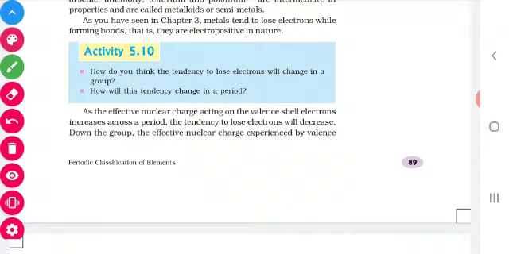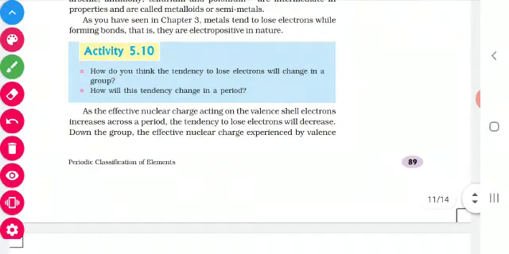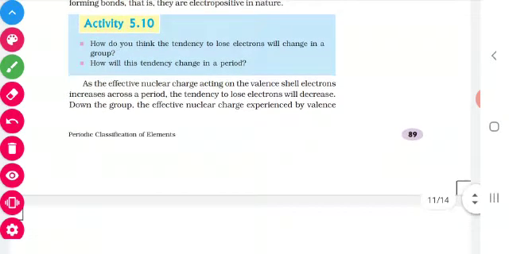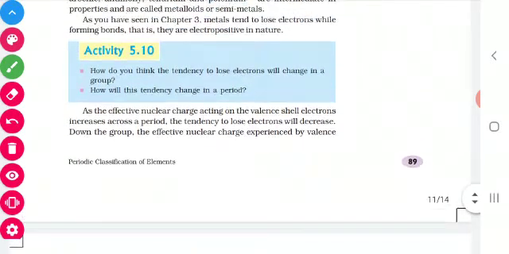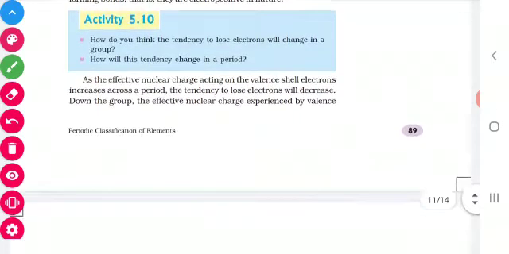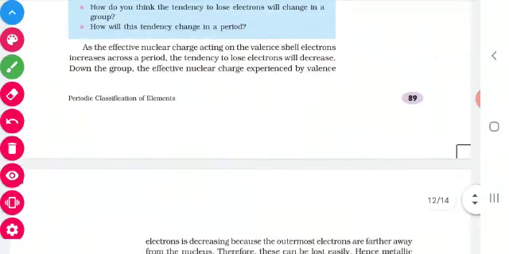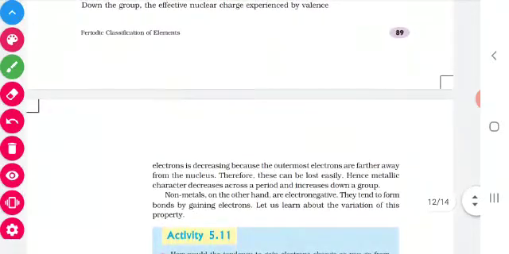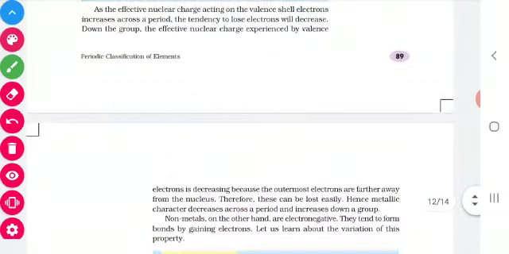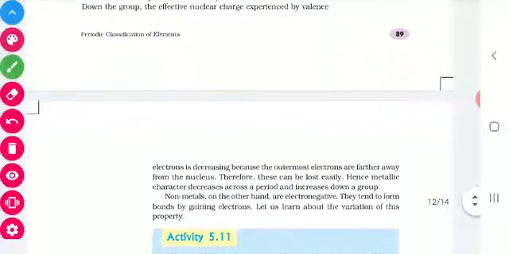Sodium always has the tendency to lose electrons, so it is electropositive in nature. Why? They have 1 or 2 electrons in the valence shell, so they can easily give those electrons because of less nuclear charge.